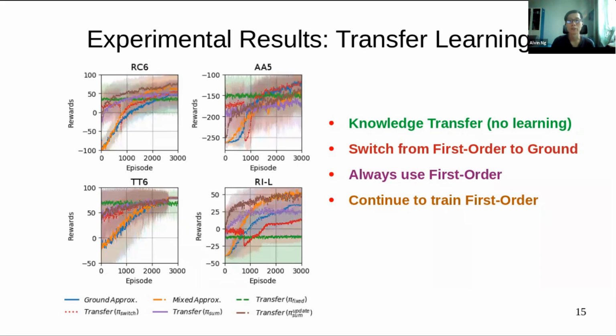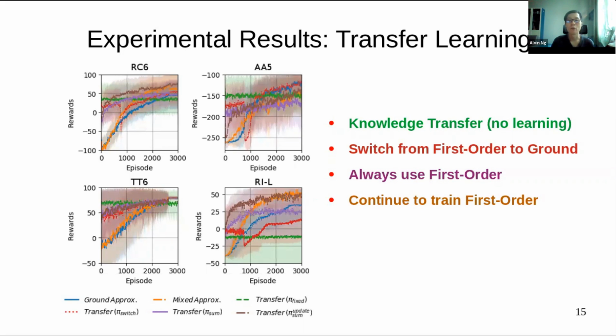Therefore, the performance is flat with no further improvements over episodes. The red plots are where we switch from a transferred first-order approximation to a ground approximation at episode 750. We observe a decrease in performance after a switch, indicating that the switch should have been delayed to a later episode, as the ground approximation does not yet yield a sufficiently good policy.